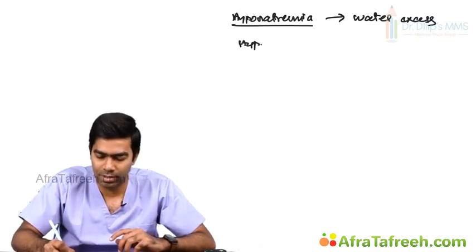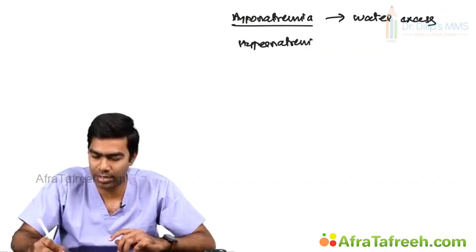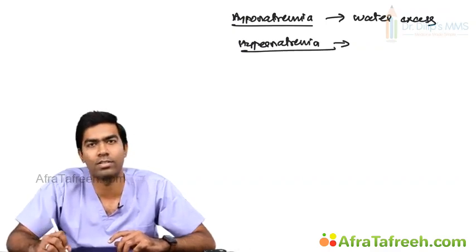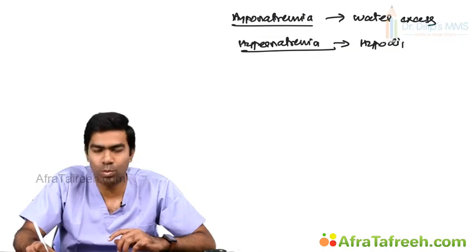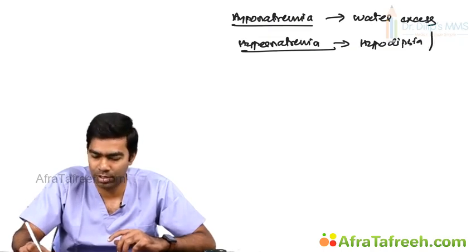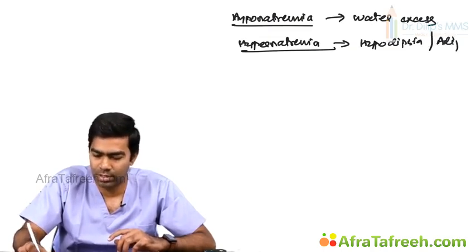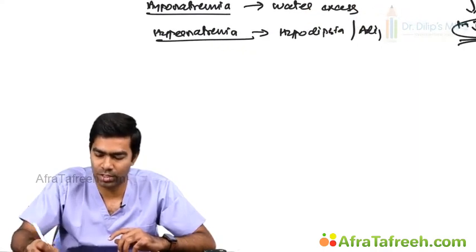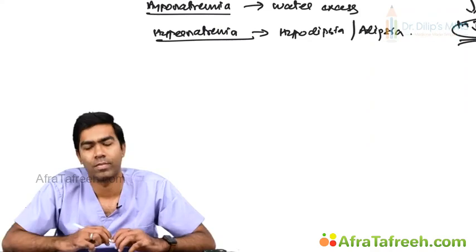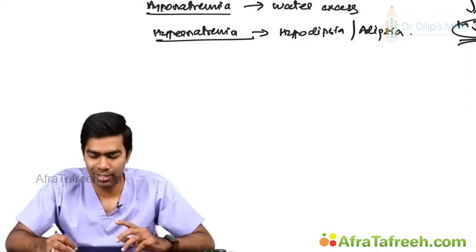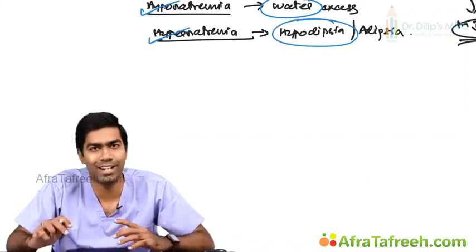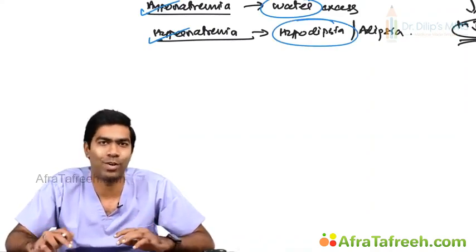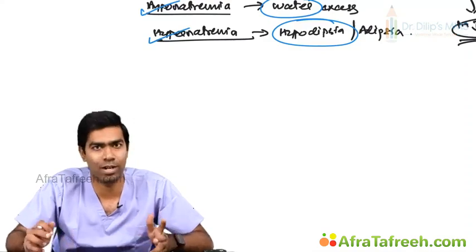Similarly, the majority of hypernatremic or hypertonic disorders are due to hypodipsia or adipsia, which means poor water intake. Majority of the disorders, not all, are due to this only. You can clearly see most of the sodium problems are actually water problems. They are not really sodium problems, they are actually water problems in the body. So correct the water properly.